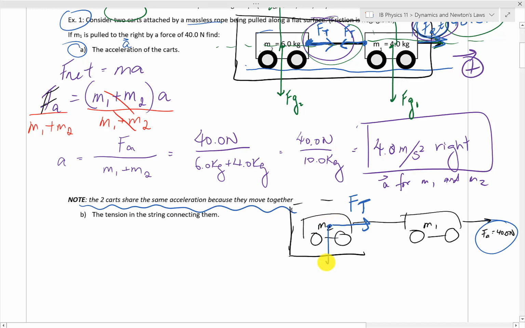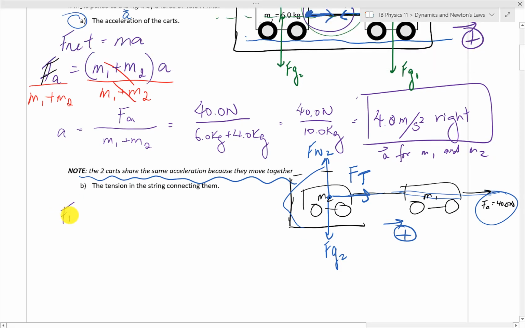Okay, so putting in the rest of our forces, they don't affect our forward acceleration along the horizontal because they are perpendicular to that, and we'll choose the forward direction to be positive. So now we can use this free body diagram to write our F-net equation. Since our system is now just M2, the mass that I use is also for M2.